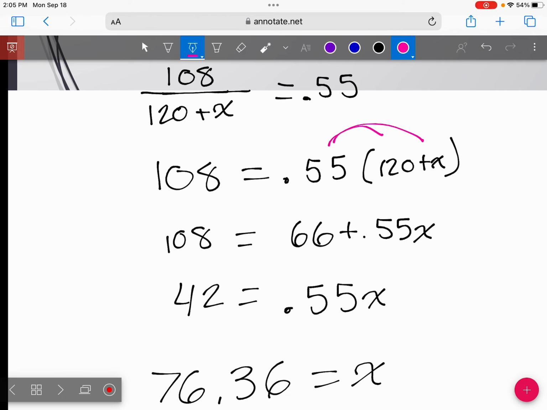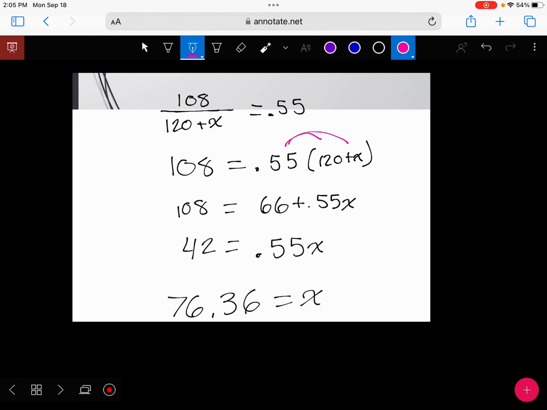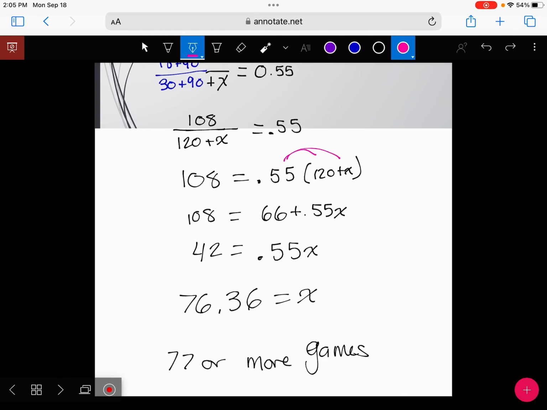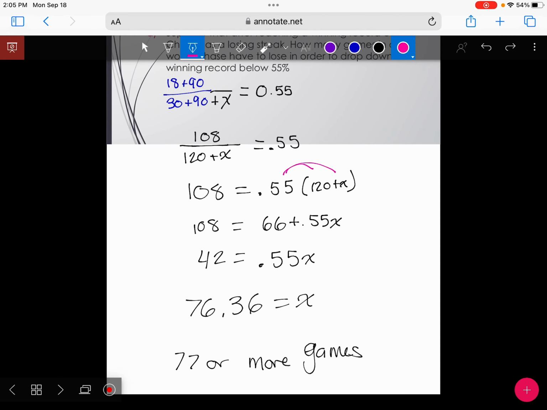Which means how many games does he need to lose? If he loses 76 games, will that be enough to make him be at 55% or lower? He would need to lose 77 games. Because of the way they word it, we wanted to know when he was below 55%.